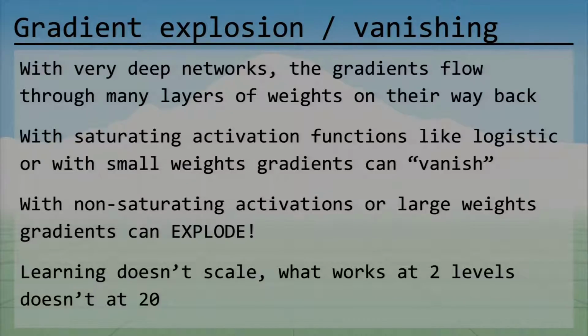So this kind of means we're screwed either way, right? We either have saturating activations or non-saturating activations, and we're probably going to fall into one of these categories, and we're going to have unstable learning if we have these really big models. So when we scale up to a bunch of layers, our learning doesn't really go anywhere.